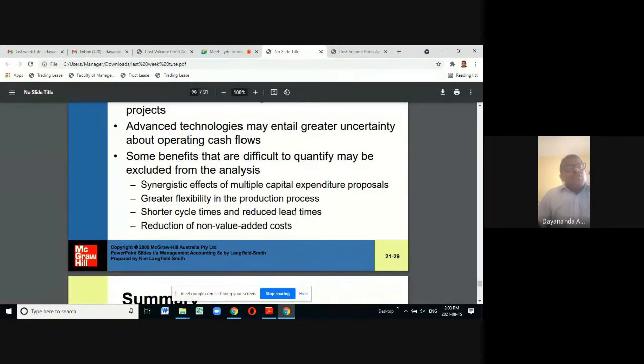And also reduced lead time. Reduced lead time means the time taken to convert the product into cash, from production to sales. That lead time may be procurement lead time. You may talk about lead time in different scenarios. Purchasing or the procurement lead time.